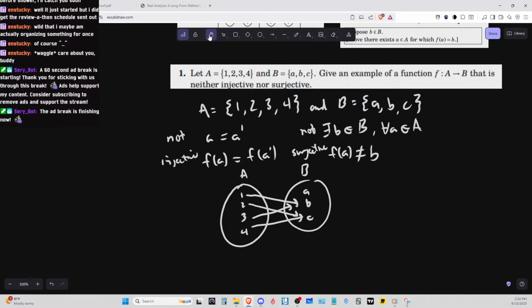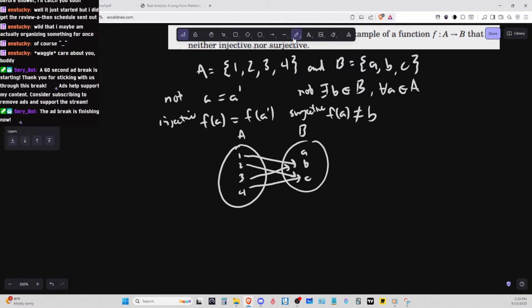I think the way they probably want us to do it is maybe with cassette notation, where if we have F that goes from A to B, the function would be, let's say, 1 is equal to B, and then 3 equals B, then we have 2 to C and 4 to C, and I think for good measure we can also do the other functions.